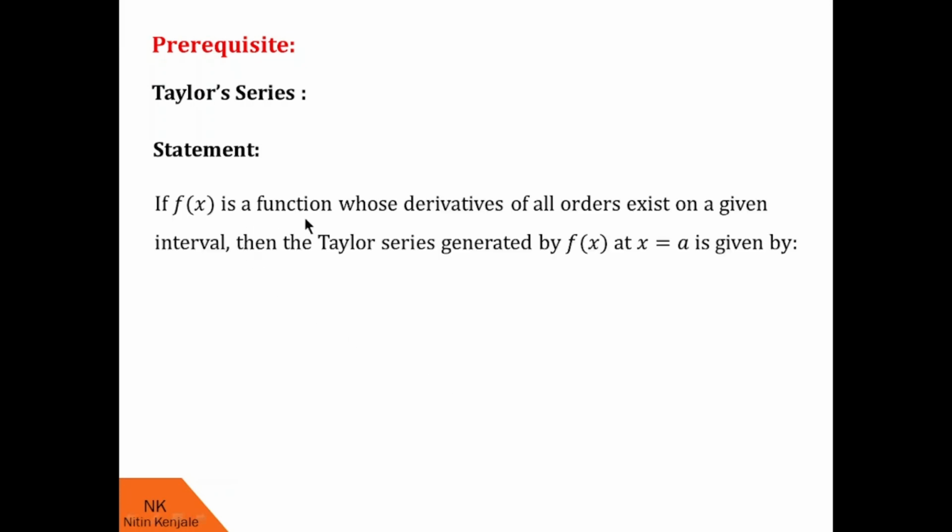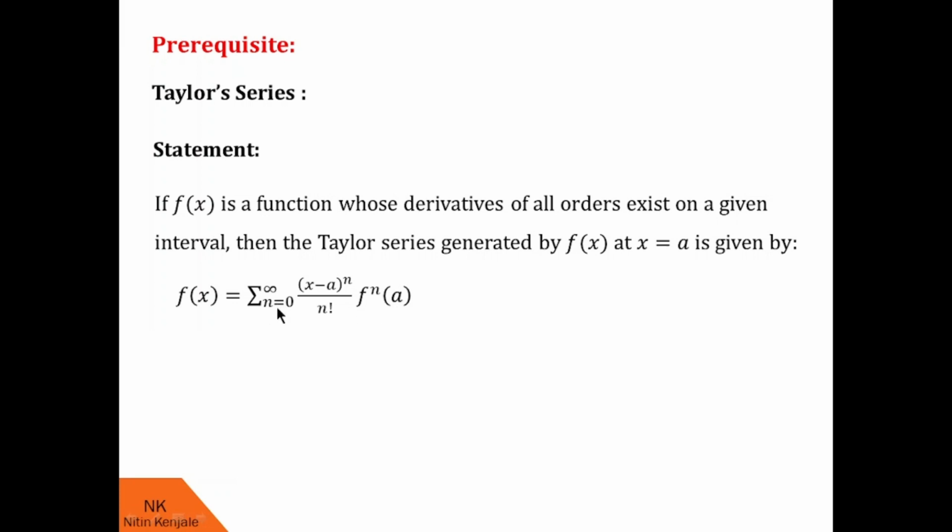In prerequisite, we will recall Taylor series. The statement of Taylor series is as follows. If f of x is a function whose derivatives of all orders exist on a given interval, then the Taylor series of f of x at point x is equal to a is given by summation of (x minus a) raised to n upon n factorial into nth derivative of f at point a, where n varies from 0 to infinity.